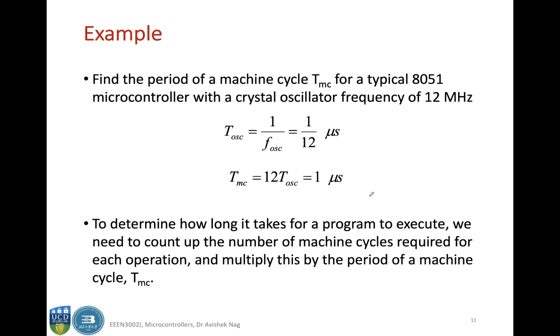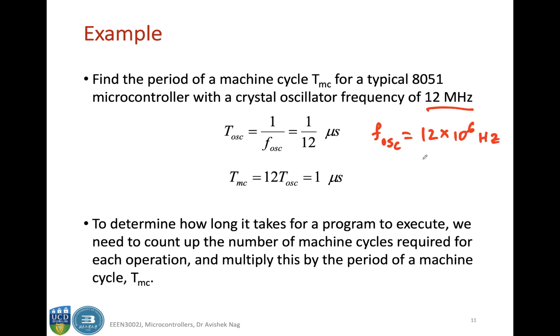So let's see. Find the period of a machine cycle TMC for a typical 8051 microcontroller with a crystal oscillator frequency of 12 megahertz. Let's say the crystal oscillator frequency is 12 megahertz, which means 12 into 10 to the power 6 hertz.